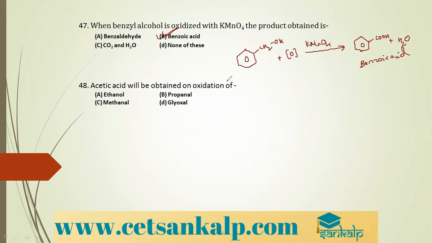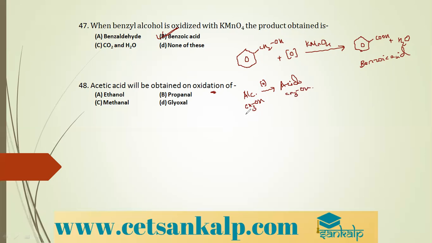Moving to 48th question. Acetic acid will be obtained on oxidation of what? You want an acid and you are asking for an oxidation reaction. Oxidation of what gives us acids? Oxidation of alcohols gives us acids. This is the general reaction, where I use a strong oxidizing agent, and the corresponding acids are obtained. That means if you take methyl alcohol, you get methanoic acid.